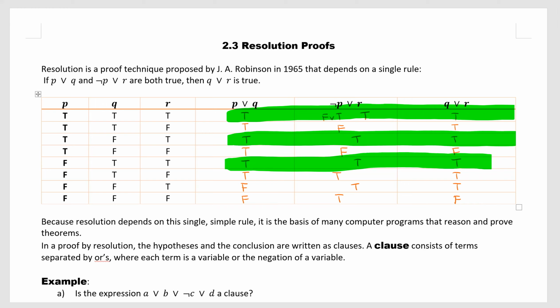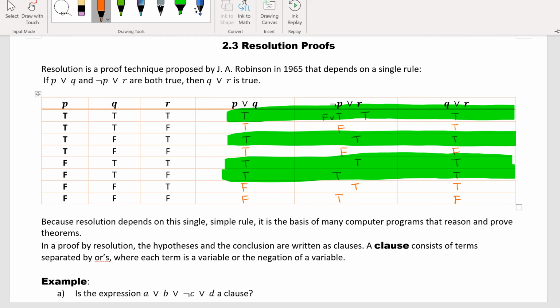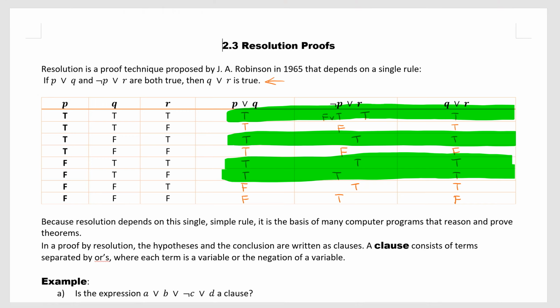And this one and this one. And that's it, right? Notice that in those 4 cases, if P or Q and not P or R are both true, you see Q or R is always true. So that's why this claim follows. Okay, so this is true.